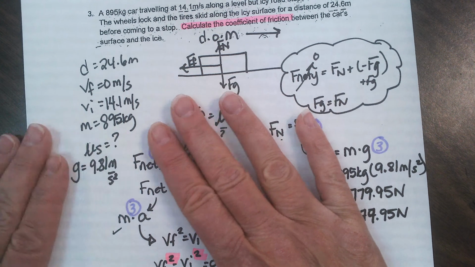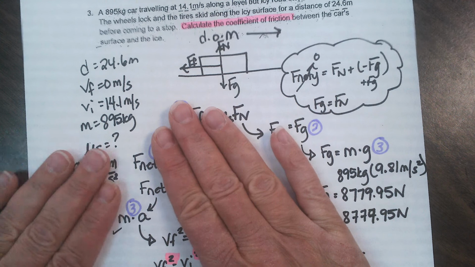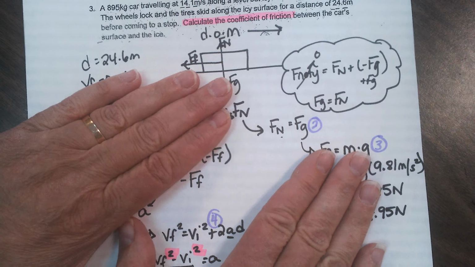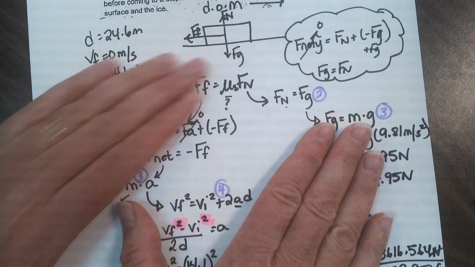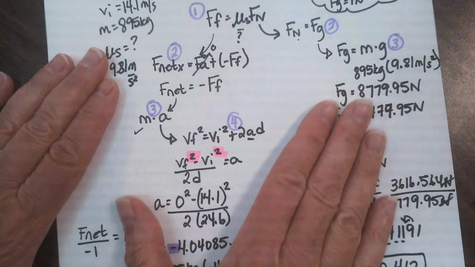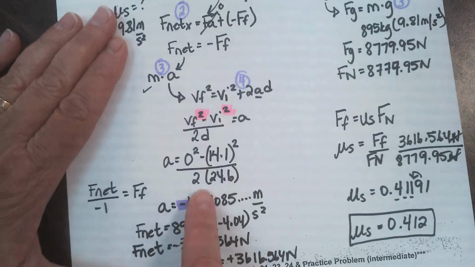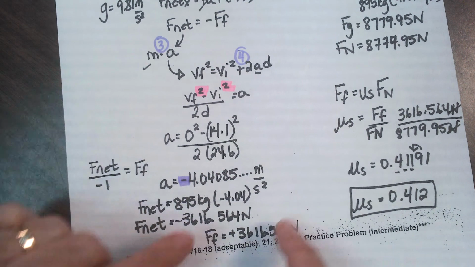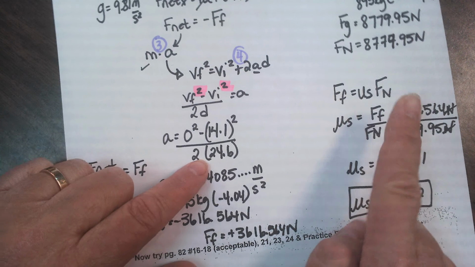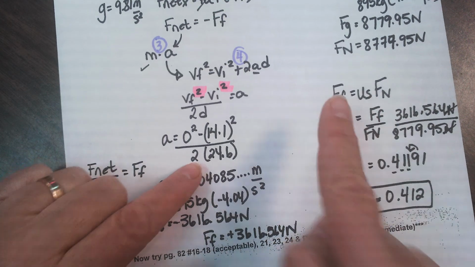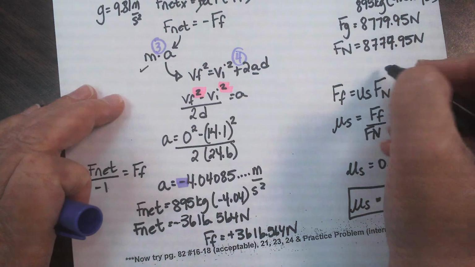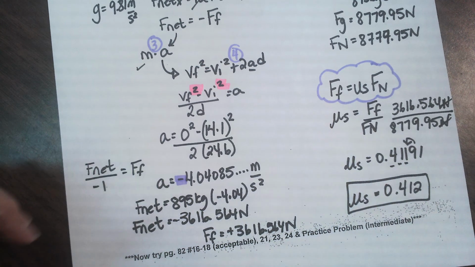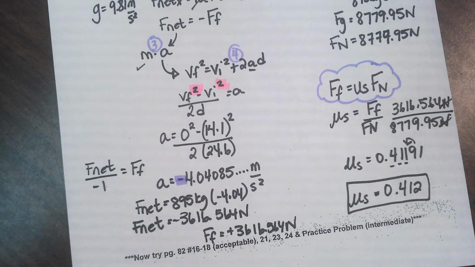I still can't solve for force net, so I have to do mass times acceleration. I can't do acceleration, so I got to do this piece. Once I solve for acceleration, now I can start going back up the ladder, right? I can start acceleration, force net, force of friction. Once I have force of friction and I have my force normal, this is my original question. All I've done is I've just worked backwards up the calculation tree.